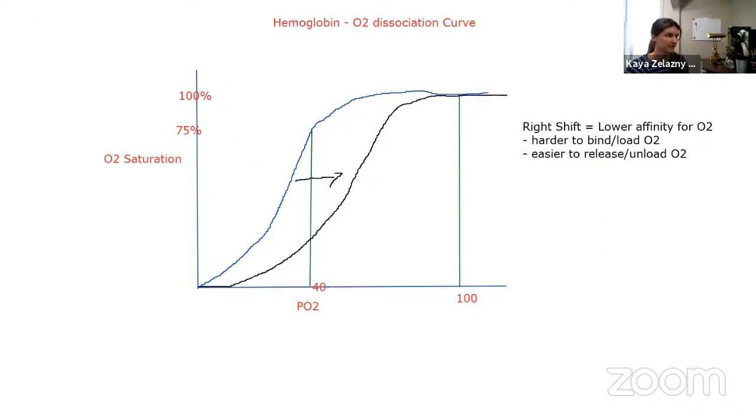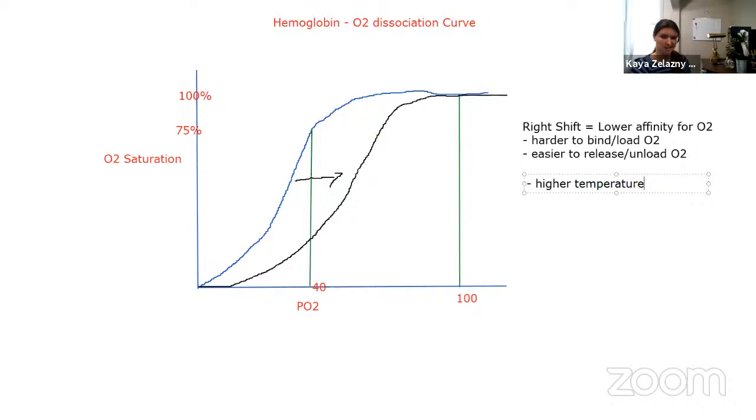So we have specific factors that are going to affect our shifts. And I'll go ahead and make some notes now, but we're going to talk about them as we go through. So one of the examples of why this might happen is changes in temperature. So a higher temperature creates a right shift.